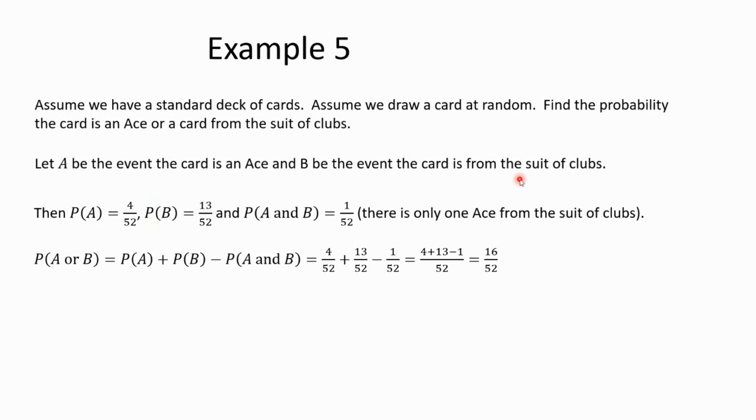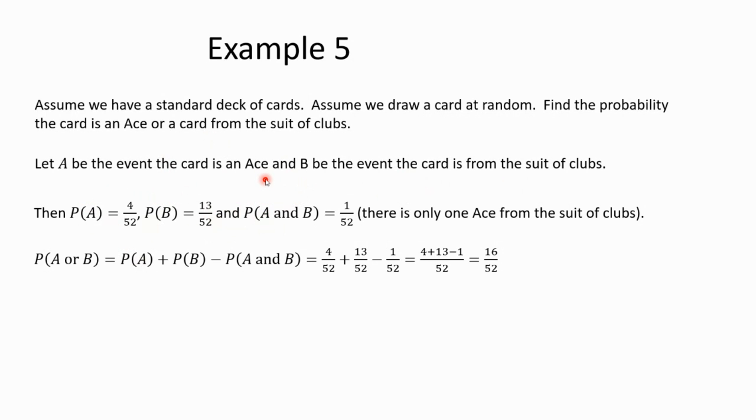And for B, how many cards are there in the suit of clubs? 13 out of 52. Now, A and B. How could A and B occur? Well, that can occur. What's the probability?